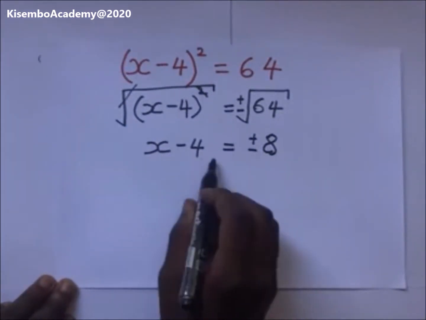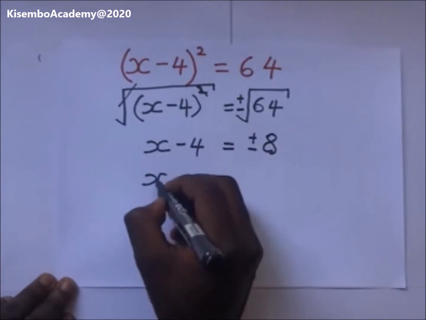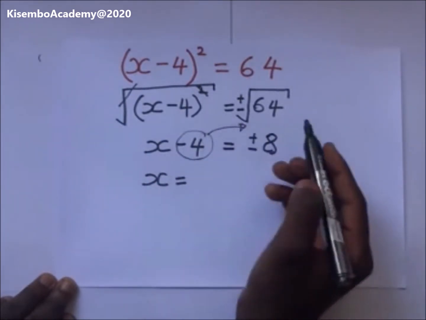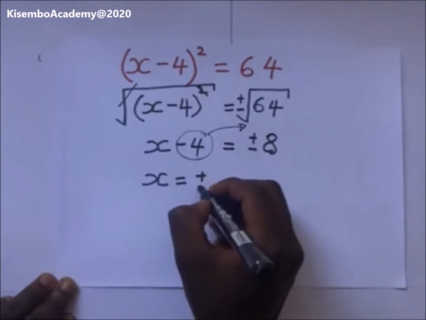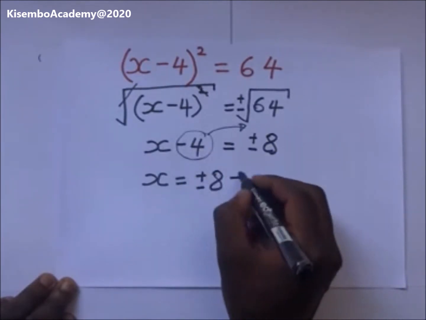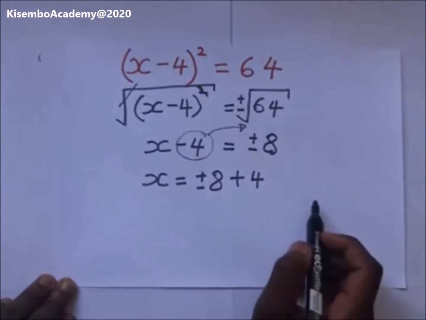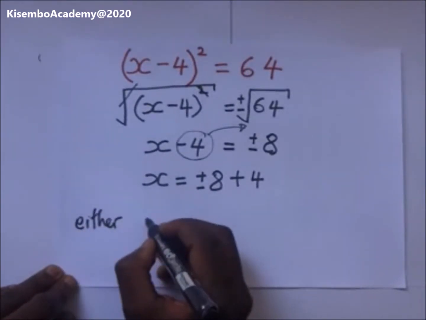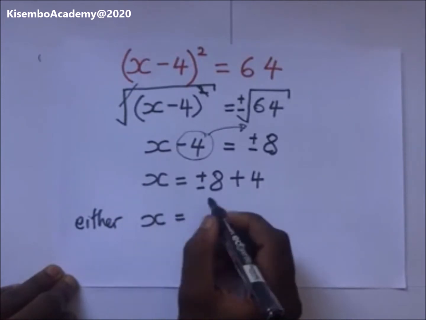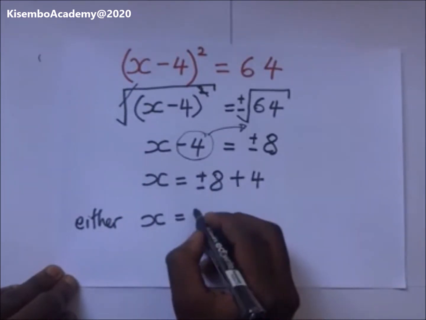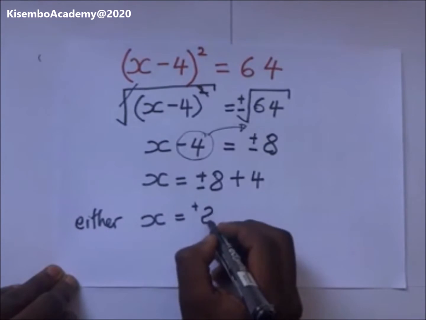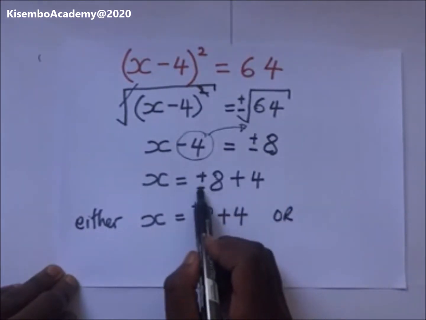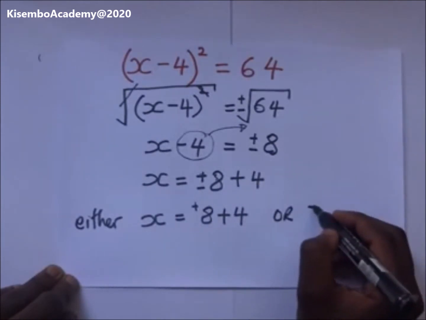So we'll continue with our value of x. When this 4 crosses to come this side, it's going to become positive or negative 8 plus 4. It means the two values of x here are either positive 8 plus 4, or negative 8 plus 4.